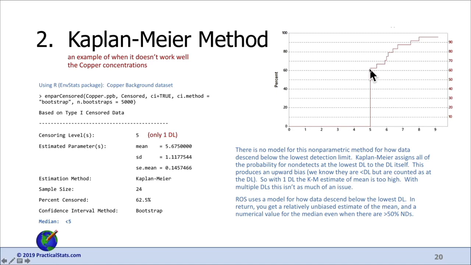We know those values are less than 5, and yet they're 62.5% of the data outlined by the almost square, the rectangle that I'm outlining here with the cursor. That's much larger than it should be. These should be going down with steps, but we don't know what those steps are. So Kaplan-Meier is going to overestimate the mean in that situation.